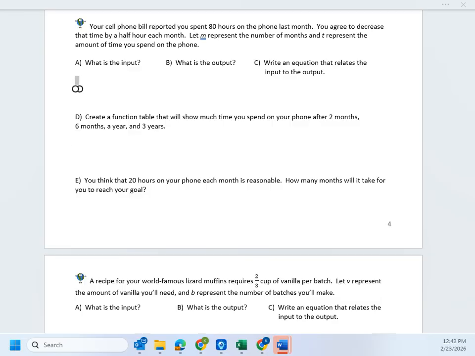Then figure out what your output is. Then write that equation. Whatever your output is, that's what y equals. So the output equals your rule. See if you can figure out what that rule is. Make your function table and then answer your question.